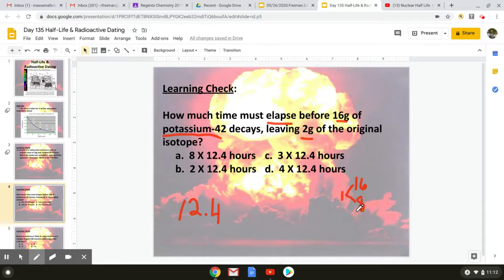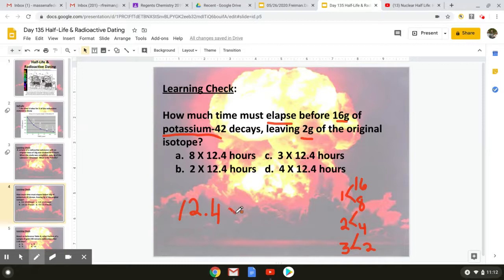What's half of 8? 4. So after 2 half-lives, 4 grams of radioactive isotope remain. What's half of 4? 2. So that would be in our third half-life. So after 3 half-lives, we've cut 16 in half to 8, 8 in half to 4, 4 in half to 2. That takes 3 half-lives.